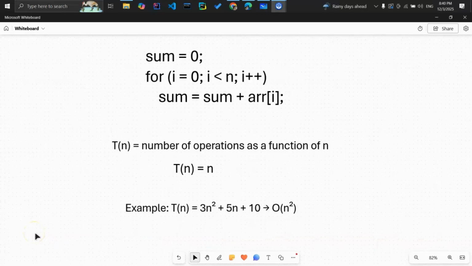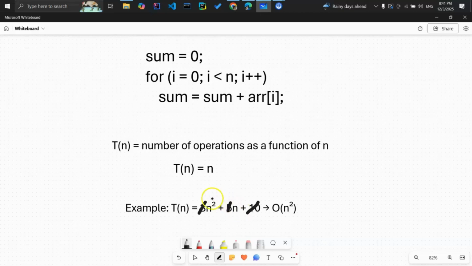The next step is to simplify using asymptotic notation. Ignore constants and lower order terms. In this equation, we should ignore constants. Now, we should ignore the lower order terms.